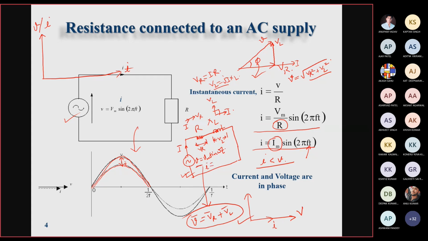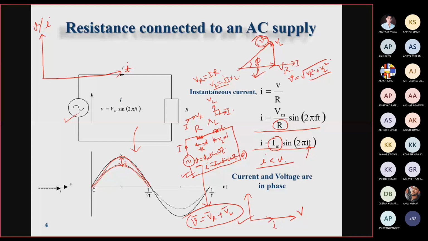The current will lag by some angle phi, so it will simply be Im sin(omega t minus phi). This phi is the angle by which the current is lagging the voltage V, right?